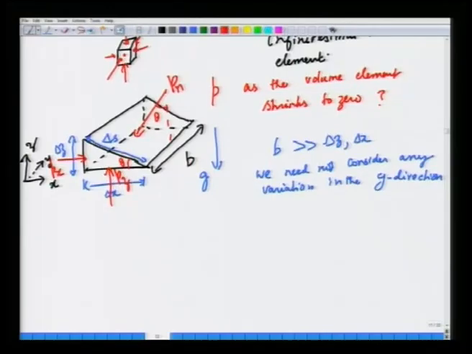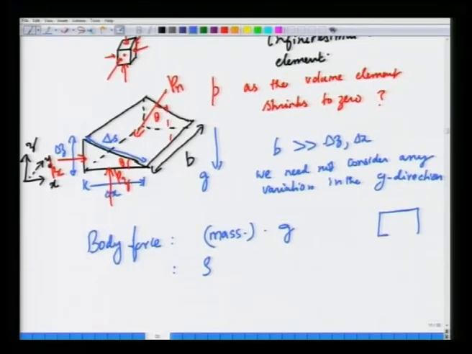Okay. So, what are the various forces? Well, firstly, what is the body force acting on this wedge like volume element? The body force is the mass times acceleration due to gravity. Mass is nothing but the density times volume. For the volume of this wedge, suppose you consider a rectangular volume and then you divide it into half through the diagonal, and then it extends in the third direction like this.